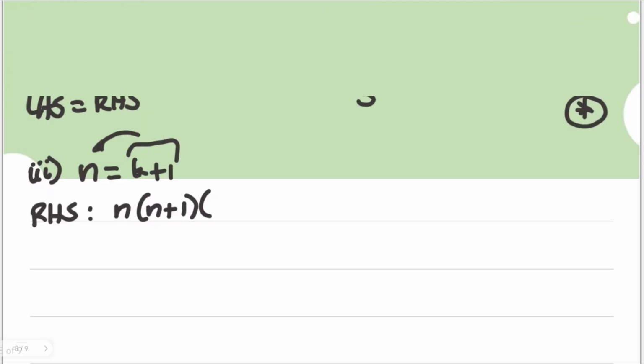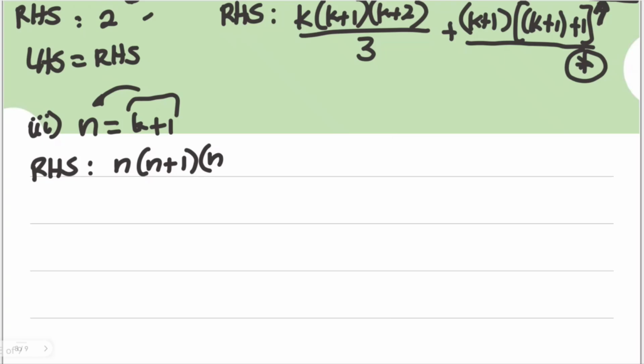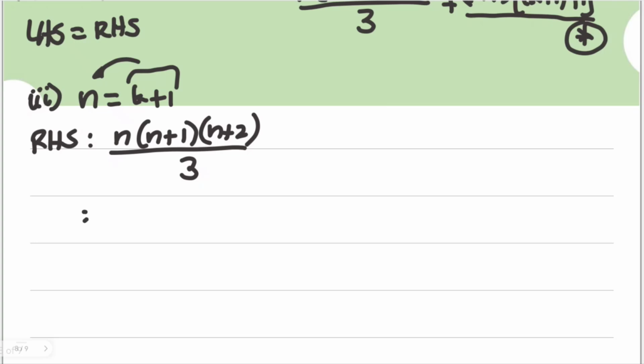Supposedly, our right-hand side definition is actually n times n plus 1 times n plus 2 all over 3. But since we substitute k plus 1 to n, this is what will happen now. You will have n is k plus 1. Then you will have k plus 1 plus 1, because this is our k plus 1.